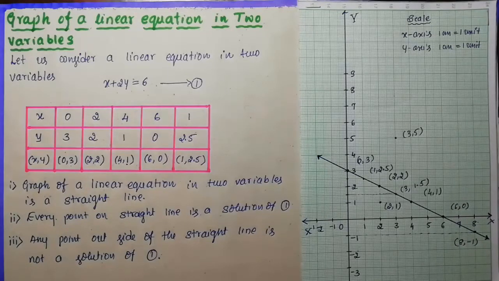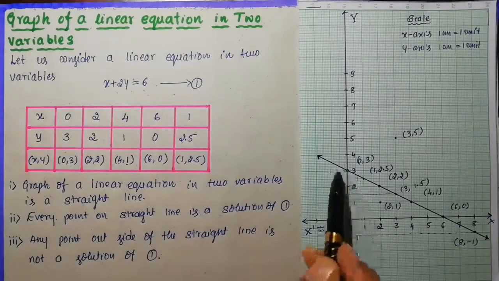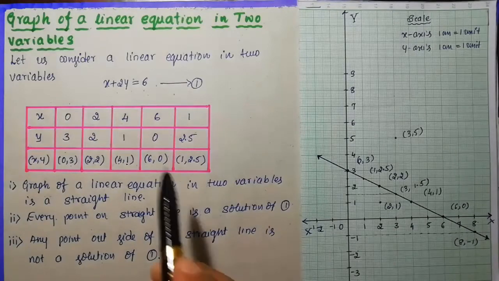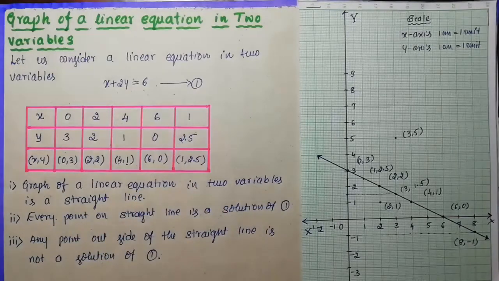And the second thing, every point on the straight line is a solution of the linear equation. And the third point, if you take any point outside of the straight line, then that point doesn't form a solution, meaning it is not a solution.